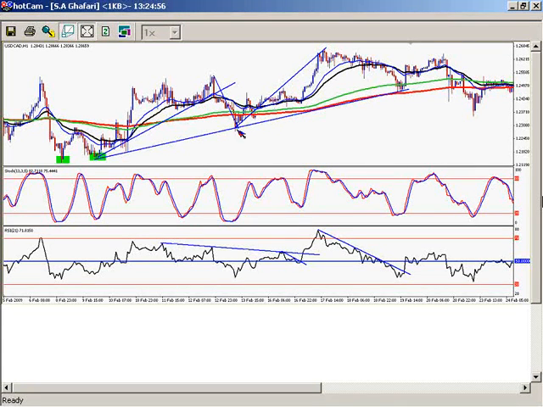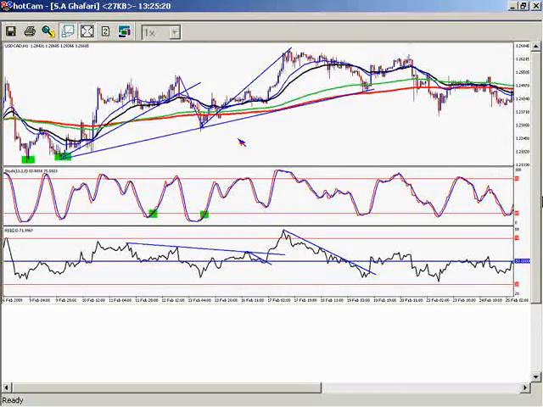You can be very comfortable with these long trades, because the major trend is up, and also we can buy and go long whenever we have a buy crossover and an oversold area in the stochastic. It's very simple. But this is not what I'm going to tell you.